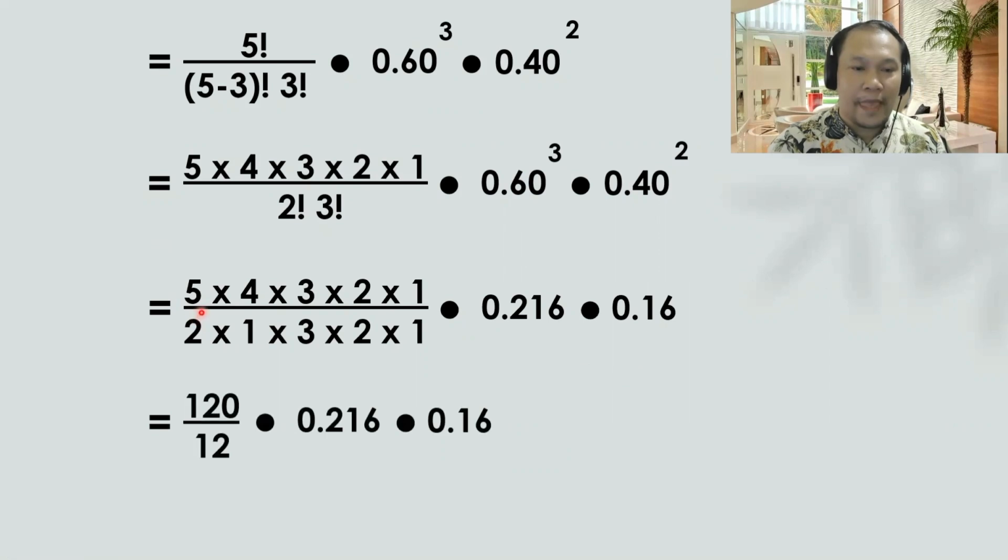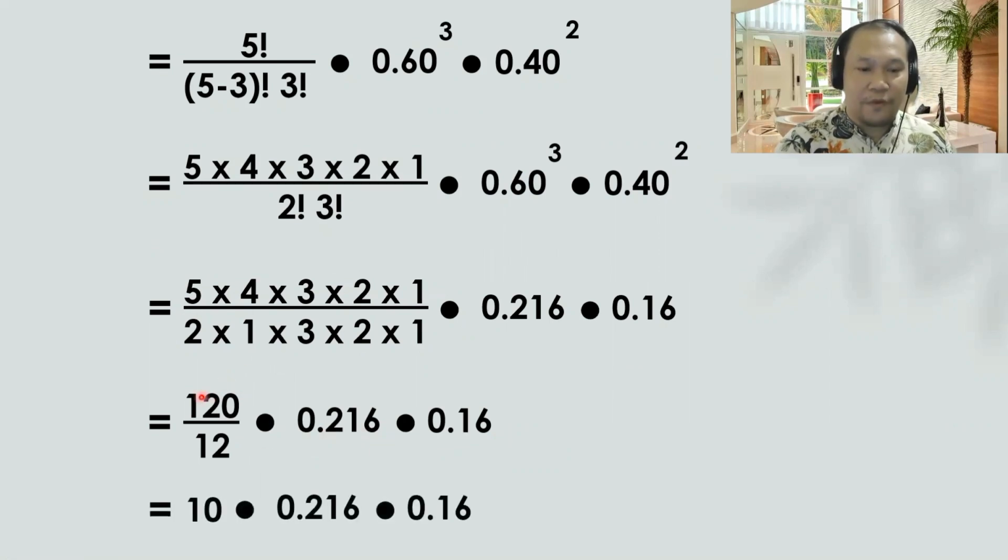And then, applying multiplication for the numerator and the denominator, 5 times 4 times 3 times 2 times 1, we have 120. Then 2 times 1 times 3 times 2 times 1, we have 12. Multiply by 0.216 and 0.16. Hence, we have 120 divided by 12, which is 10, times 0.216 and 0.16.